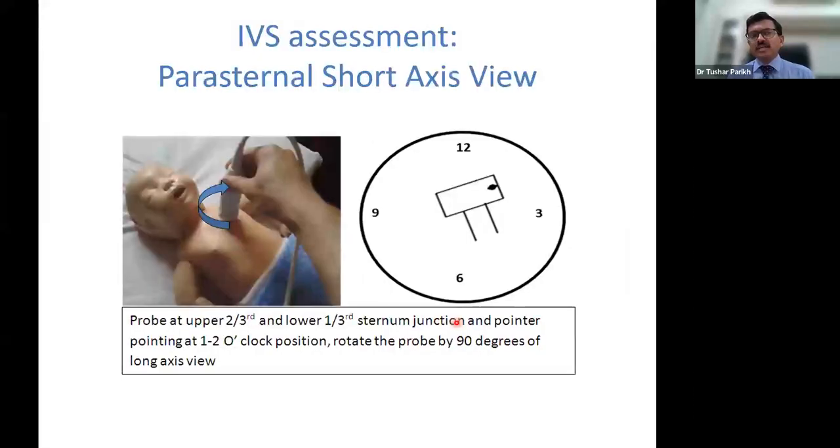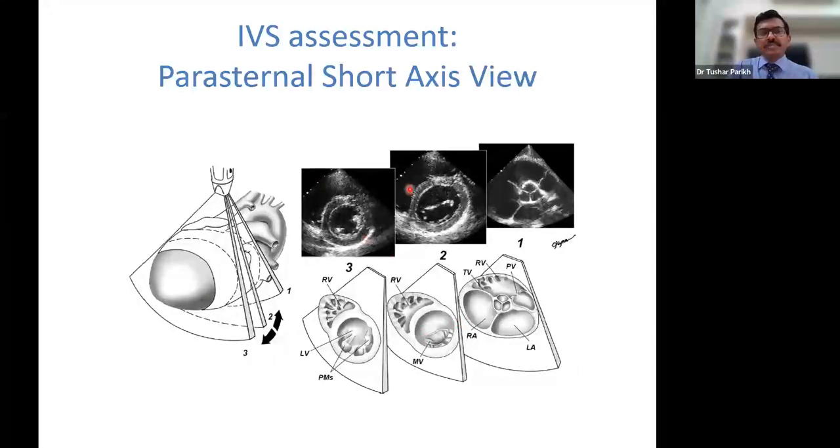Now, another method is basically interventricular septum assessment. When you do a parasternal short axis view, you put the ultrasound probe in the lower parasternal area, and this is the long axis. You rotate it to the 2 o'clock or 3 o'clock position, where the orientation marker is around 2 or 3 o'clock, and you get a parasternal short axis view.